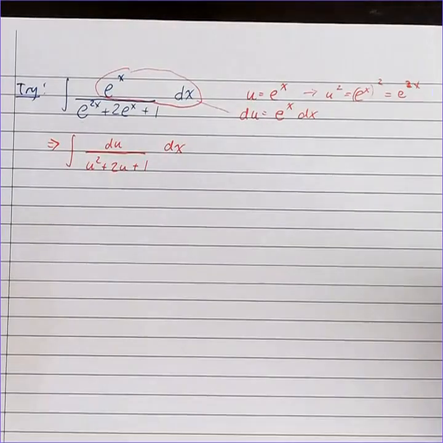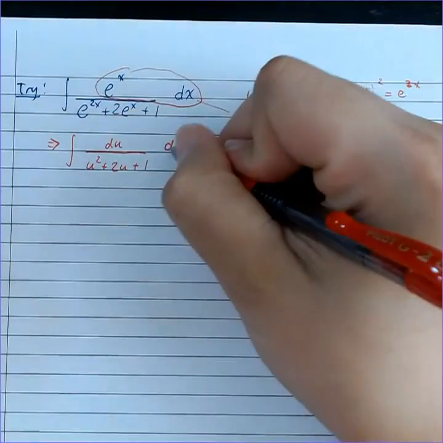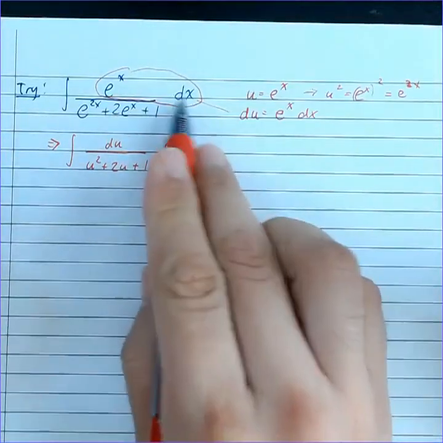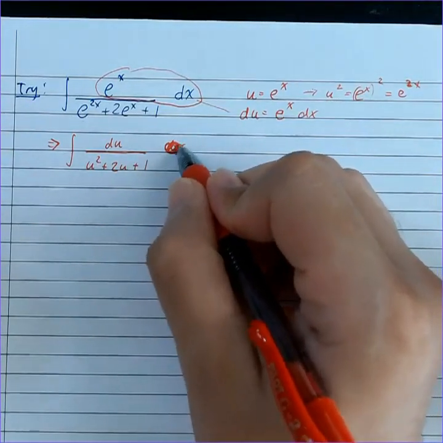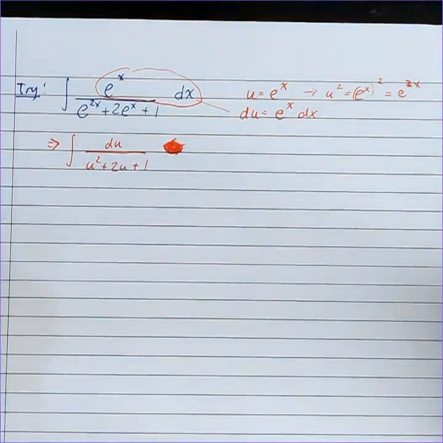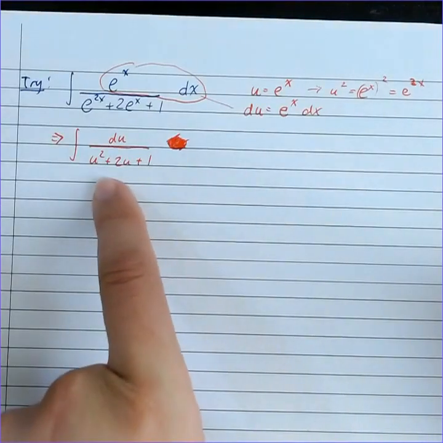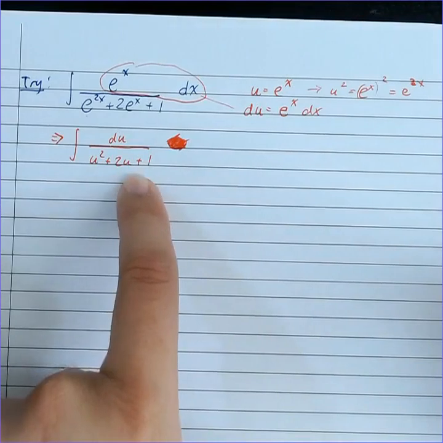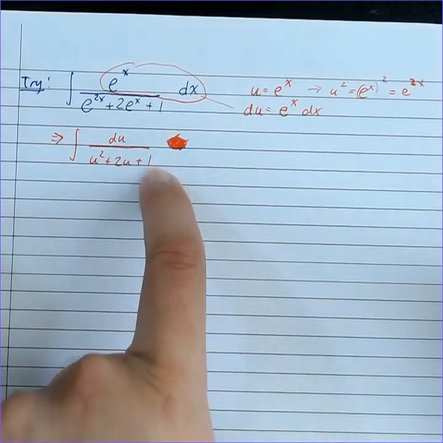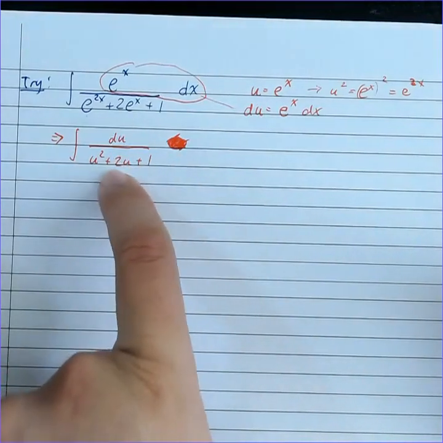All right, so that looks a little simpler. No more exponentials, and we have polynomial expressions left. Oh, that's already been absorbed. That and that together are du, so I don't need another dx here. Okay, so now, if this was polynomial, things would be great. You say, well, that is polynomial. Yeah, but it's in the denominator, so this is a rational expression. As a whole, this is a rational expression.